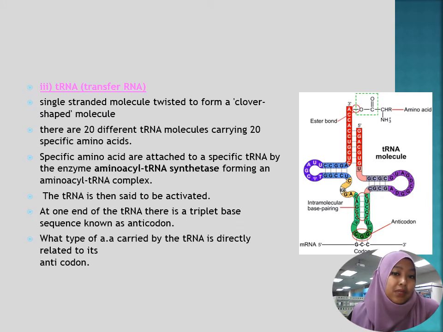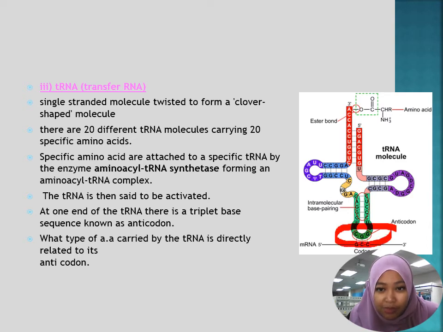On the tRNA there is a triplet of bases known as the anticodon. When it reads the mRNA codon, for example GCC, the anticodon is the opposite of the mRNA. The type of amino acid carried by the tRNA is directly related to the anticodon, very specific to this transfer RNA.